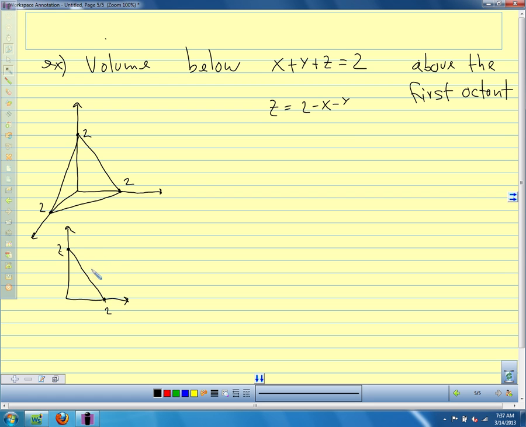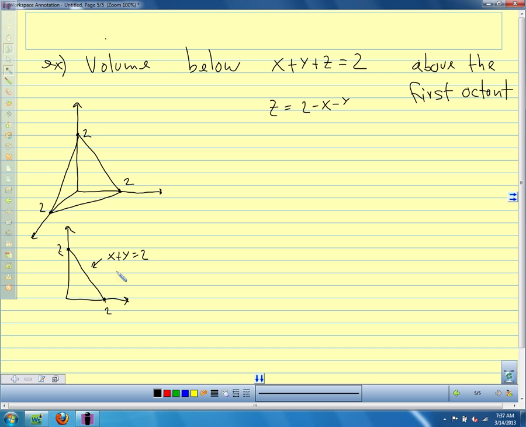What would be the equation of this line? z equals 0, so this would be x plus y equals 2. So we can use this to find our x limit or our y limit.